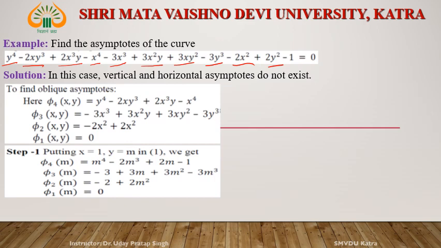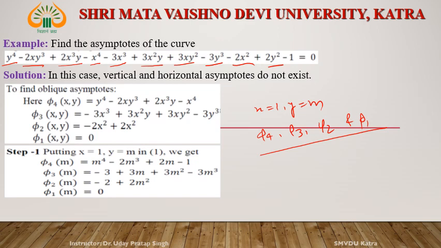Now, what is the first step? Putting x equal to 1 and y equal to m in φ₄, φ₃, φ₂ and φ₁. φ₁ is 0, so no problem. What is φ₄(m)? With y equal to m, it is m⁴ + 2m³ + 2m − 1.